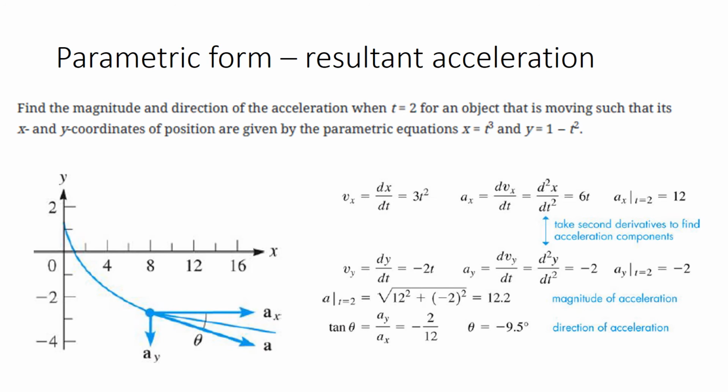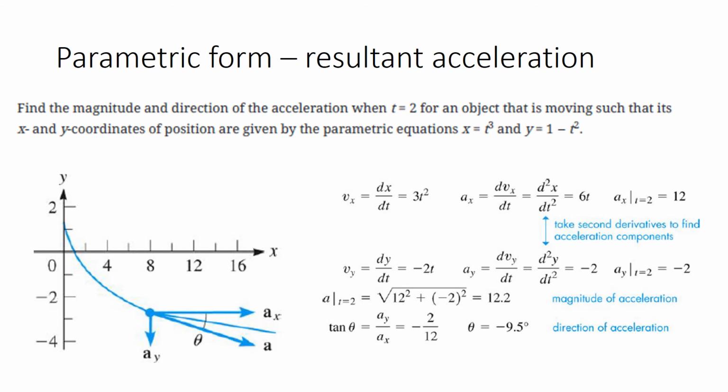So no matter what time it is, the acceleration evaluated at time equals 2 seconds is always going to be a negative 2. So once again, I have that in rectangular format. It's accelerating 12 meters per second squared in the x direction and negative 2 meters per second squared in the y direction. If I want to convert that into polar form, I need to know magnitude and direction.